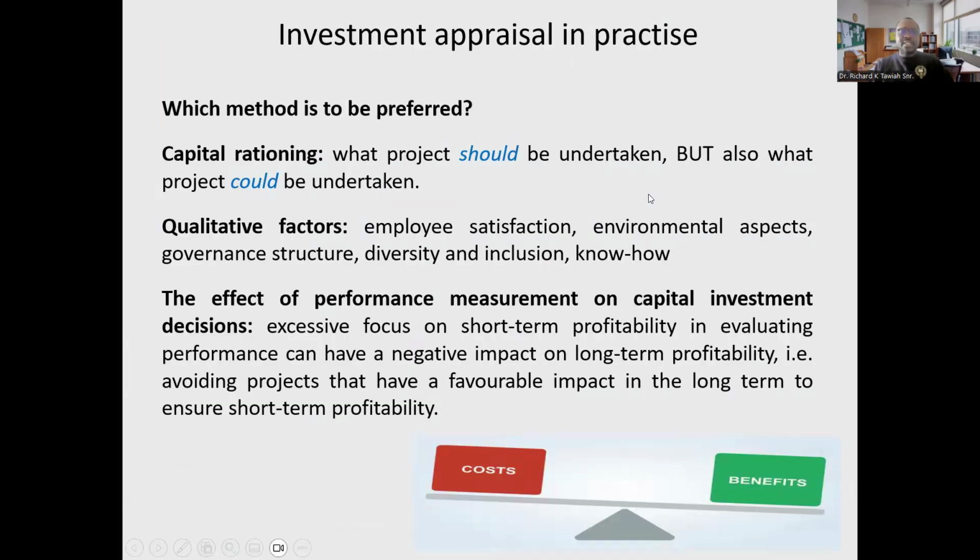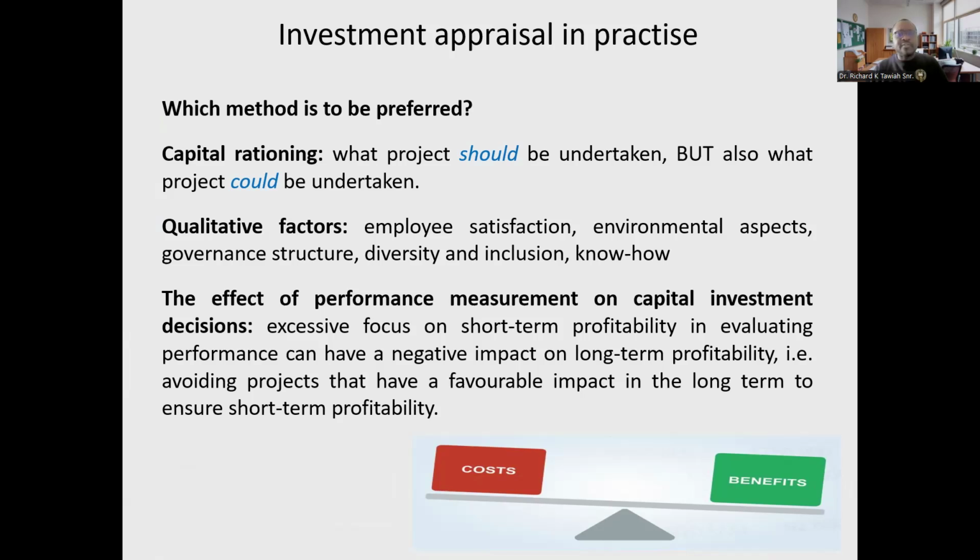All right, which method is to be preferred? It depends. What project should be undertaken, but also what project could be undertaken, is what you should look at. So capital rationing comes in, you don't have all the money. You may want to choose the one which gives you the maximum benefits. Don't only consider the numbers.